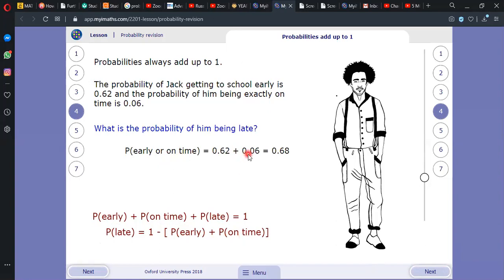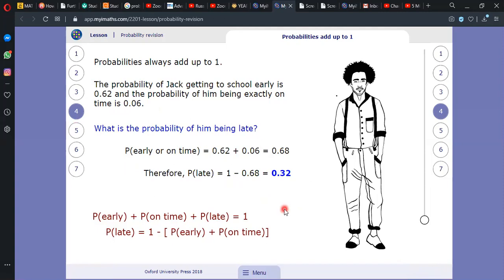We'll still discuss that in our next lesson. 0.62 plus 0.06, which were given to us in the question, is 0.68. So definitely the probability of him being late is going to be 1 minus 0.68, which is 0.32. I believe this is very clear and very understandable.